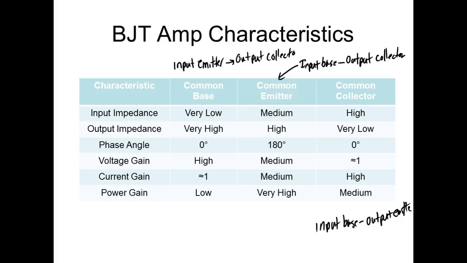And this is why we get a current gain of slightly less than 1 on the common base, because we're inputting on the emitter and outputting on the collector. So what's the difference between the emitter current and the collector current? Are they the same? They're close, because the emitter current supports both the base current and the collector current, right? So this is why this one has a current gain of less than 1, because we input on the emitter and output on the collector.